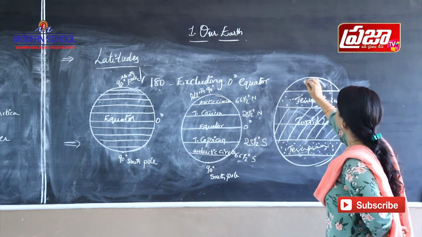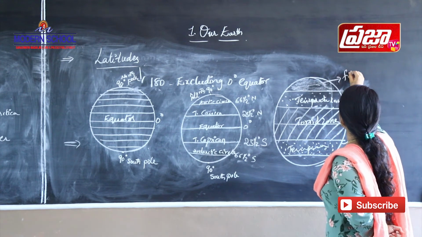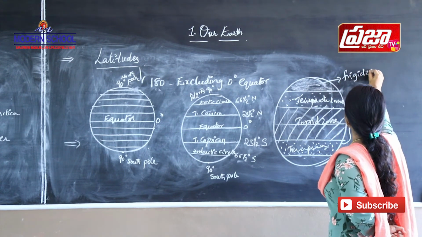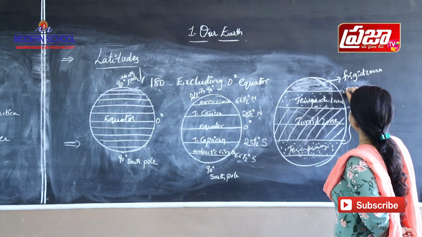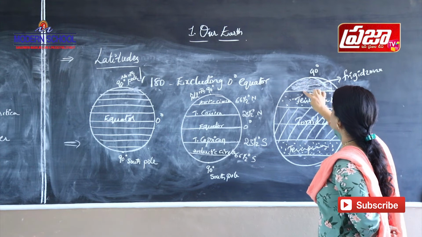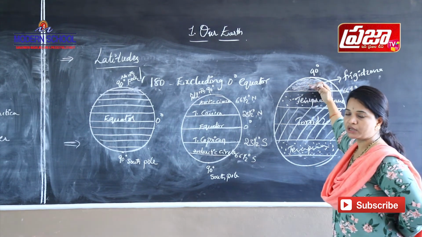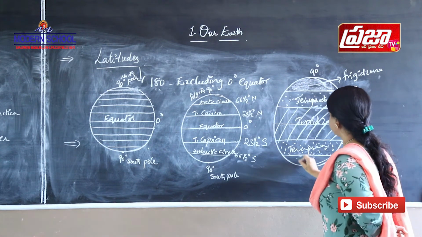And the region from the 66.5 degrees to the North Pole 90 degrees we named the freezer zone, and here the climate will be very cold.